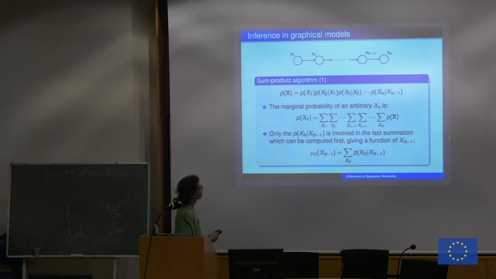Now, if you think of it, can anybody tell me, by eye, what is this value? Sum over xn of P of xn given xn minus 1. Let's think of the example. It's raining, given that, let's say, it's sunny.